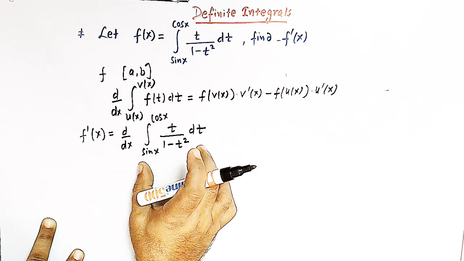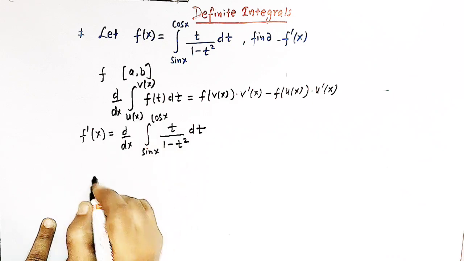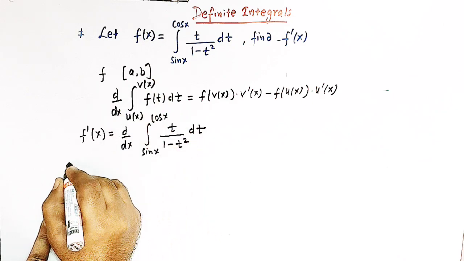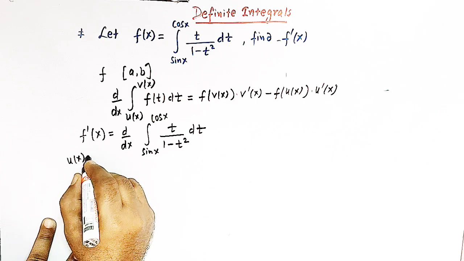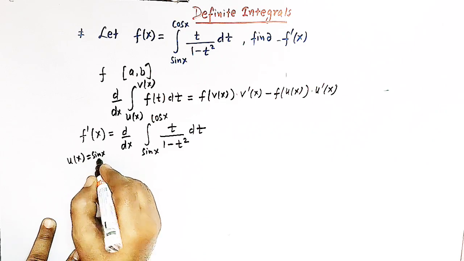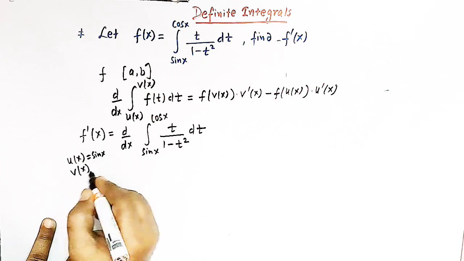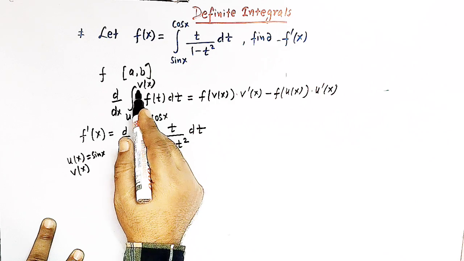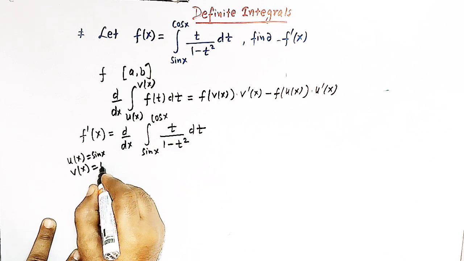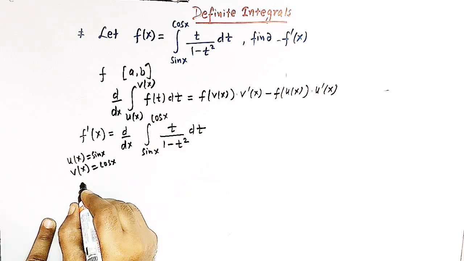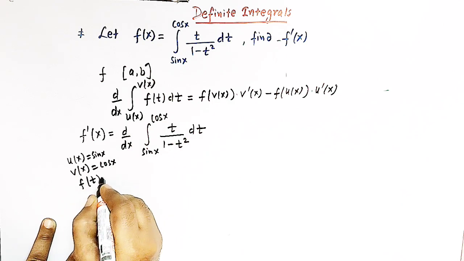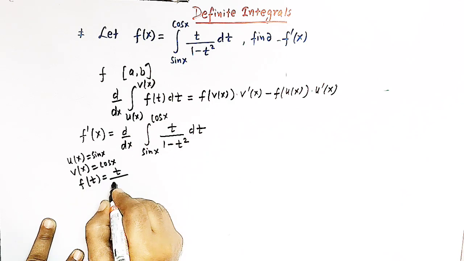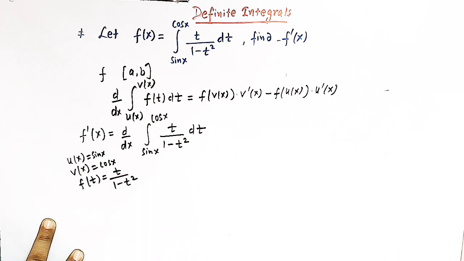If we compare this integral with the rule, we can easily see that u of x, the lower limit, is equal to sine x, and the upper limit v of x is cosine x, right? And the function f of t is given by t divided by 1 minus t square.